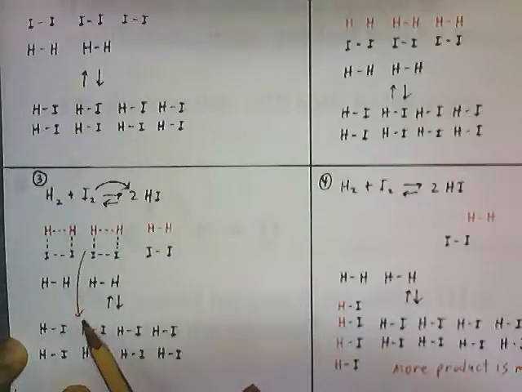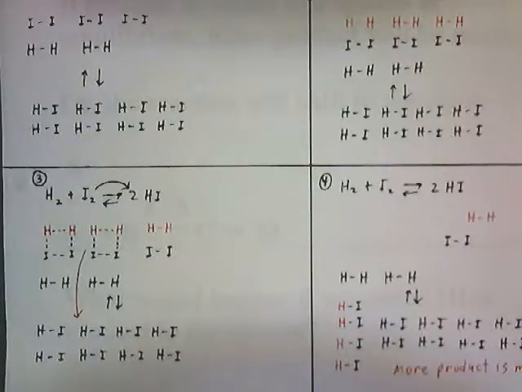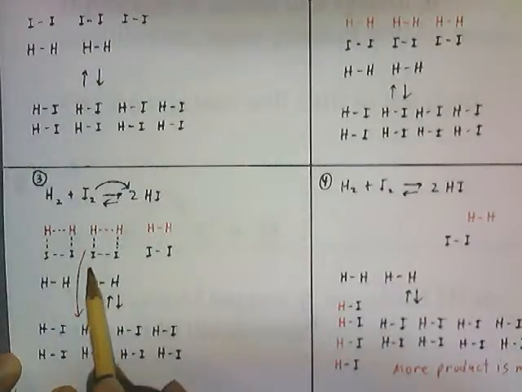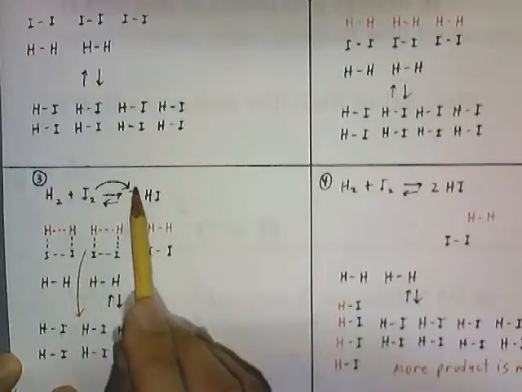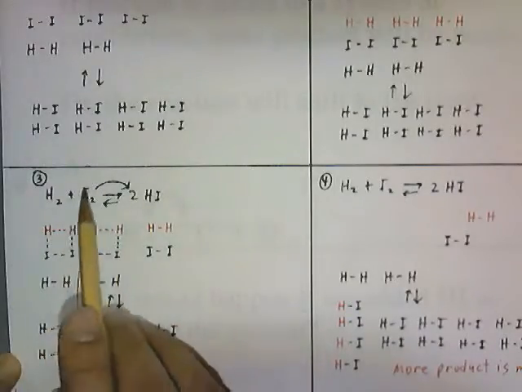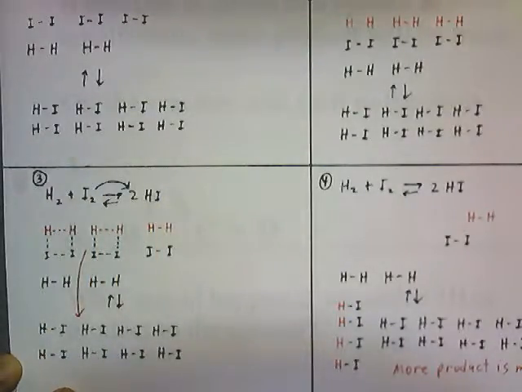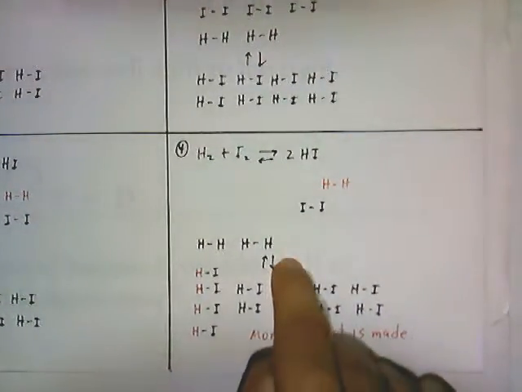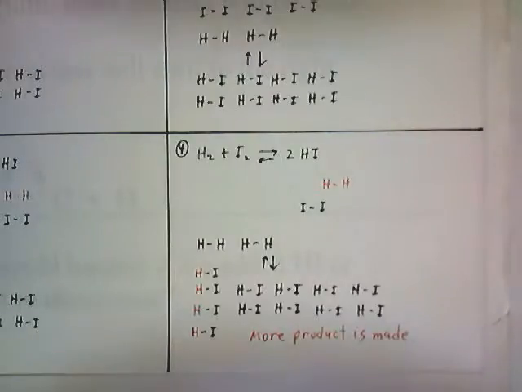The equilibrium is being shifted to produce more HI as a response to the addition of H2. So since more HI is being made by the collision of these, the equilibrium is shifting to the right. And then the final picture, picture number 4, shows that there are now more HI or more product in the system.